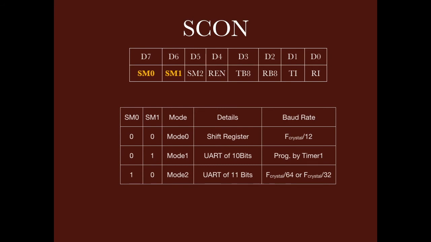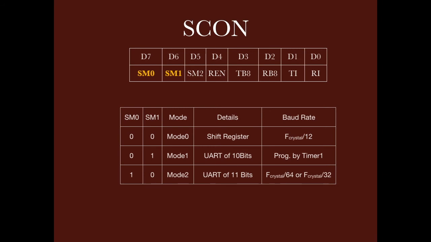Mode 2 is similar to mode 1 except 11 bits are transmitted and received. The 11 bits are 1 start bit, 8 data bits, a programmable 9th data bit, and 1 stop bit.